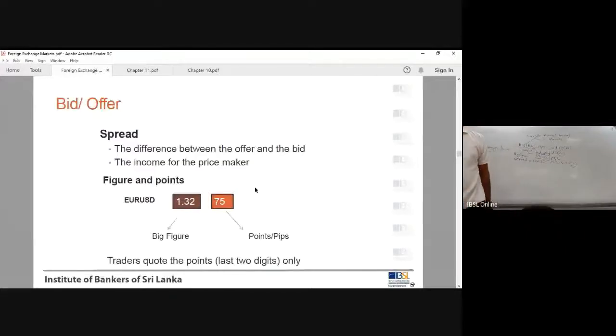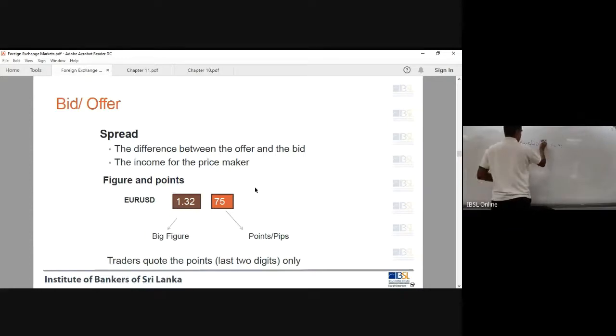Right now, in this example, the euro dollar example, it says 1.3275.